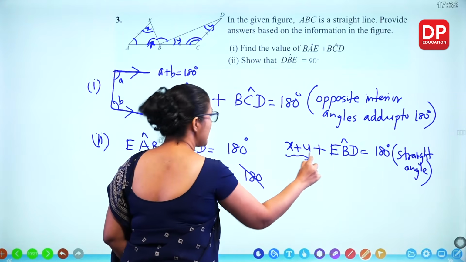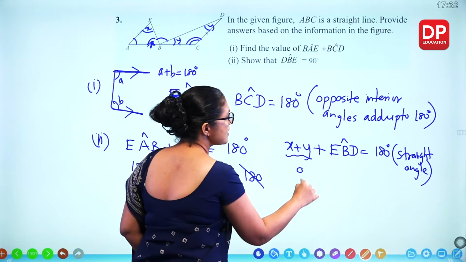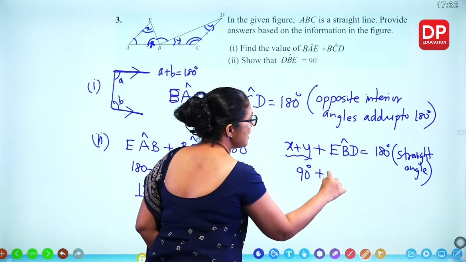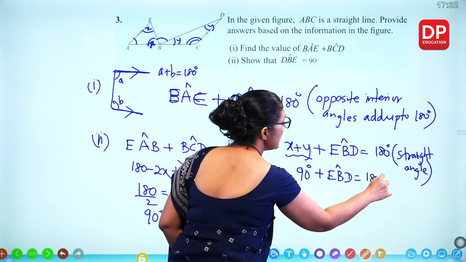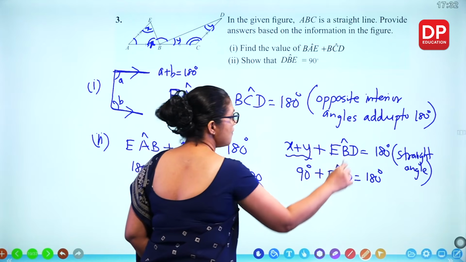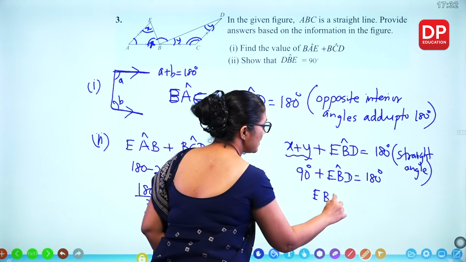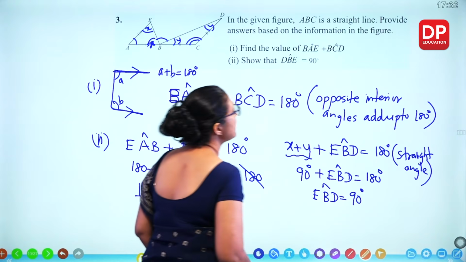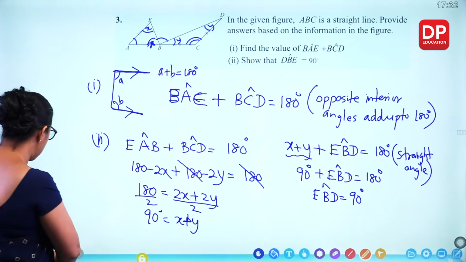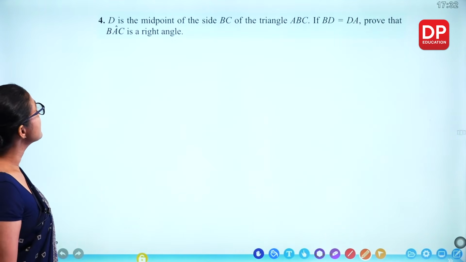So we found x plus y is 90 degrees. So 90 plus angle EBD is 180. Now take it to the other side. We get angle EBD is 180 minus 90. That's 90 degrees.